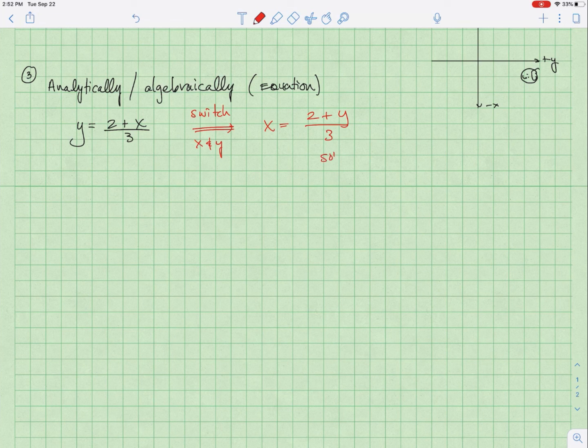And if you want to solve it for y, resolve for y, you can. That'll be 3x is equal to 2 plus y, or y is equal to 3x minus 2. And these are inverse relations. This is the inverse relation. And we'll talk more about that in the coming examples.